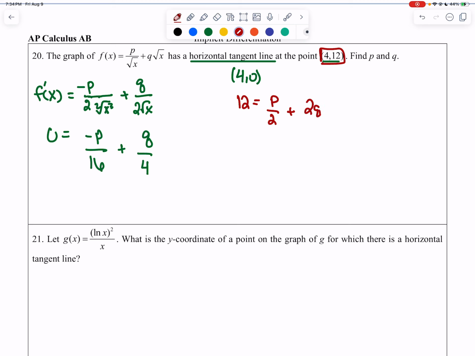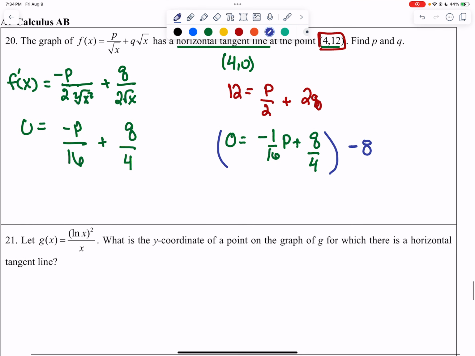Notice how I have a system of equations now, because I have my equation in red and my equation in green. What I'm going to do is try to use elimination of some sort. I'm going to multiply the bottom one by negative 8, because I want to eliminate the 2q right here.